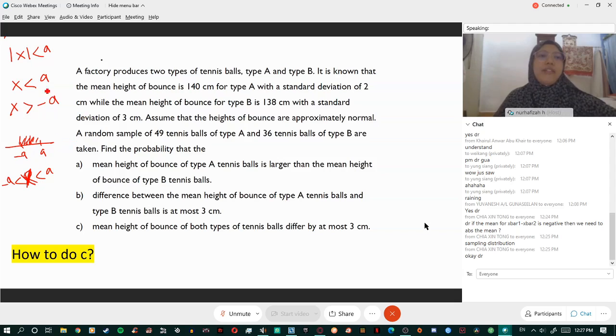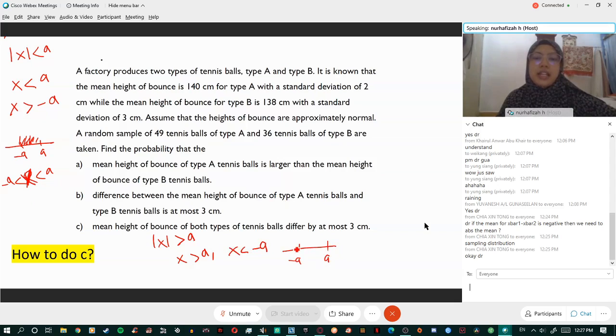However, if your modulus for x is more than a, it should be x more than a and x less than negative a. When you do the timeline, you have negative a and a, so x less than negative a and x more than a. So there is no in between negative a and a.